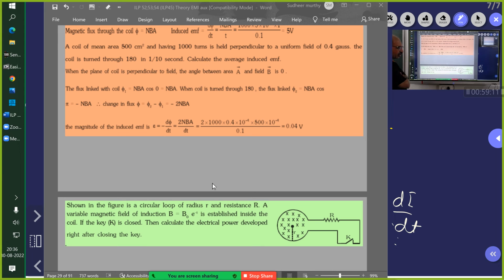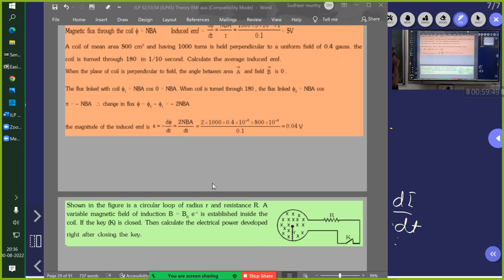So what is the science behind this? If you explain correctly, then you will be able to solve this problem. Yesterday I already told you the theory for this. Radius is given, so you can get the area pi r square.